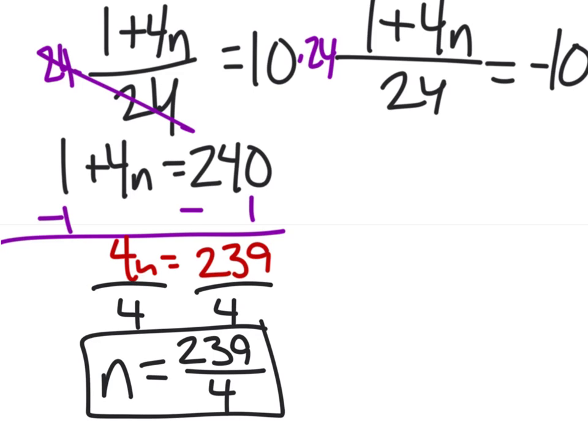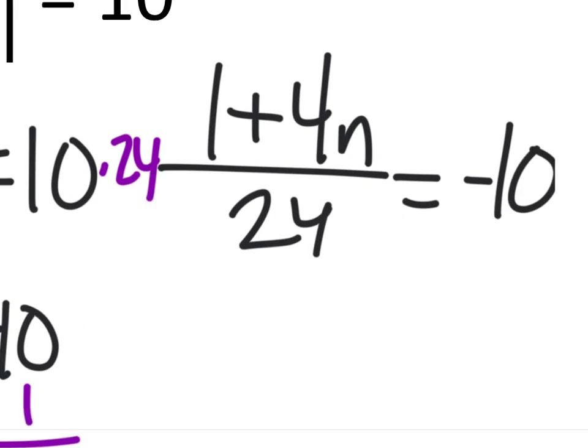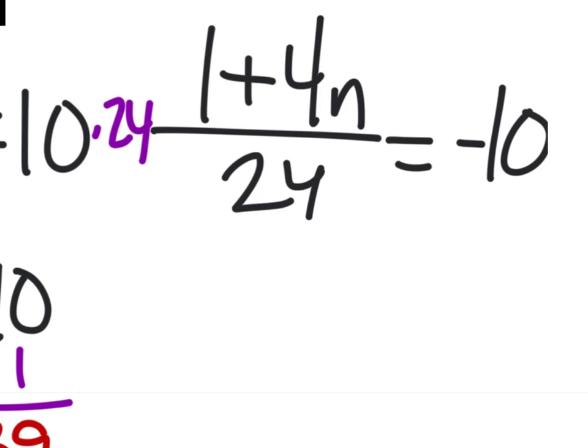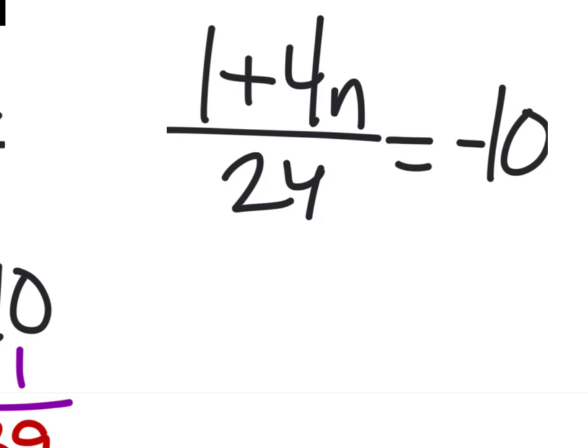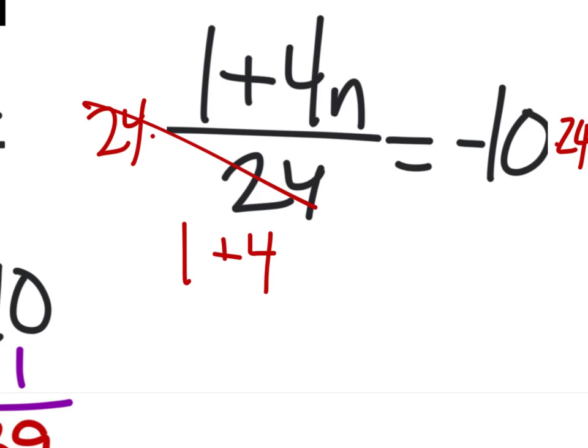So once again, I'm going to multiply both sides by 24. Let's get that out of the way so it's not confusing this problem. So I'll multiply by 24 on both sides, these cancel out. I have 1 plus 4n equals negative 240.